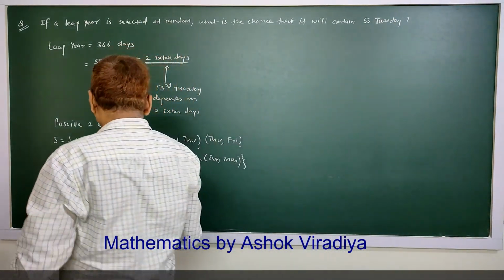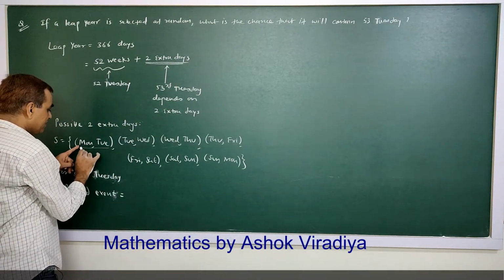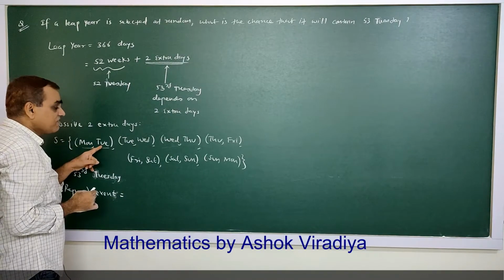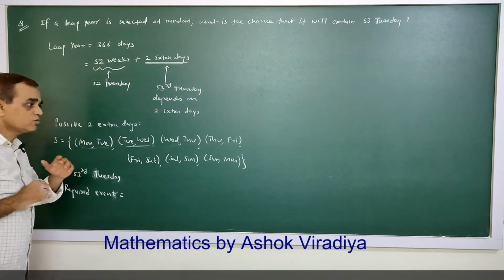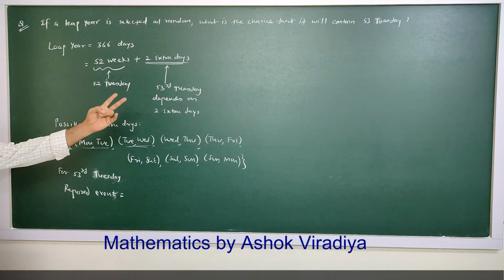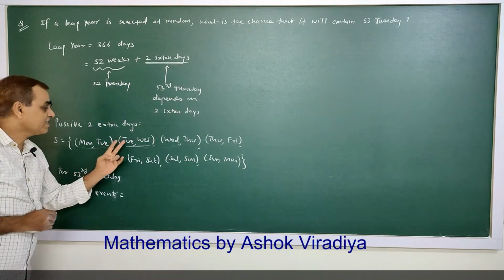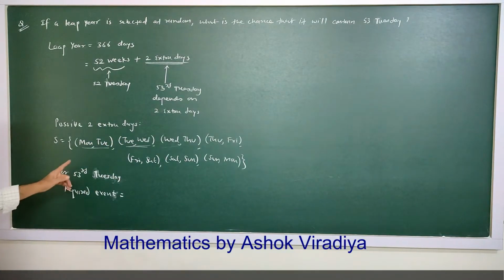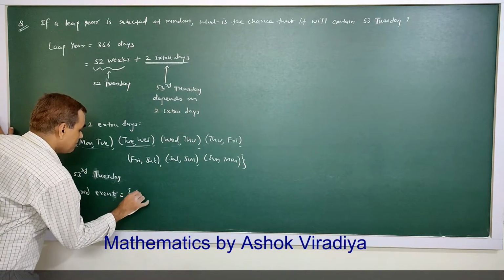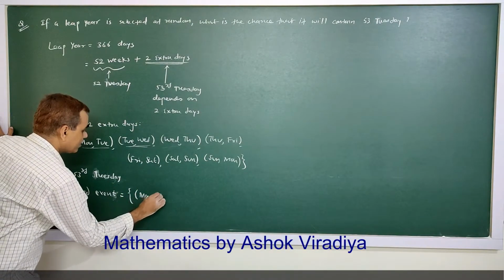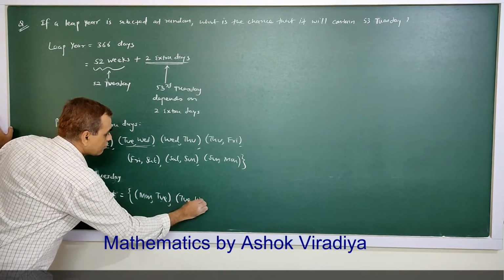If these 2 days occur, then this will be the 53rd Tuesday, or if this event occurs, this will be the 53rd Tuesday. So the required event is Monday, Tuesday, or Tuesday, Wednesday.